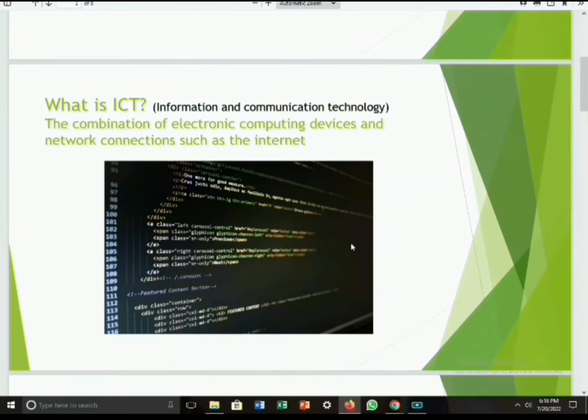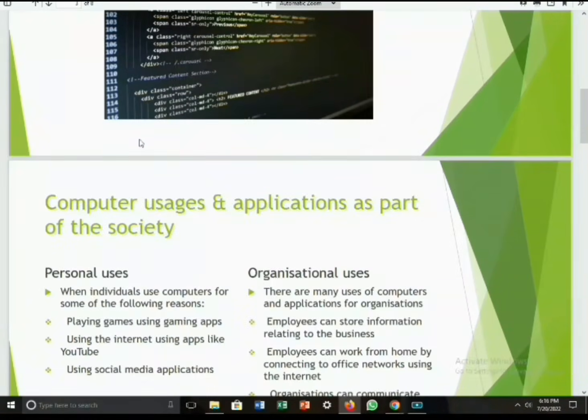And the full term for ICT is actually information and communication technology, as you can see on the screen, and the definition is the combination of electronic computing devices and network connections such as the internet. So ICT is really important in our lives because, as you know, guys, we use this each and every day.